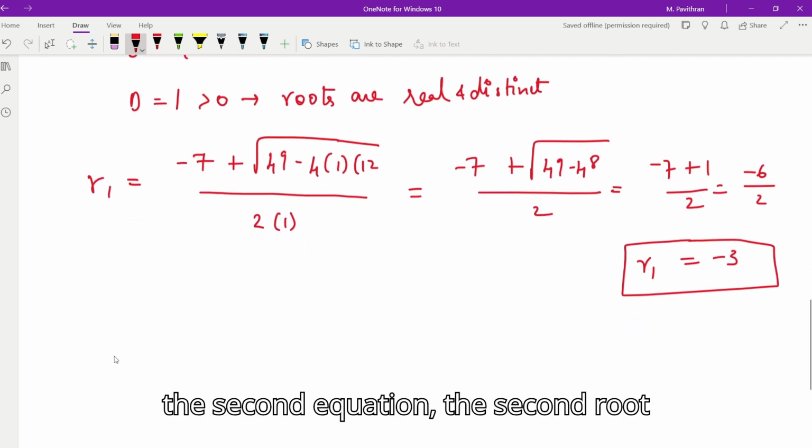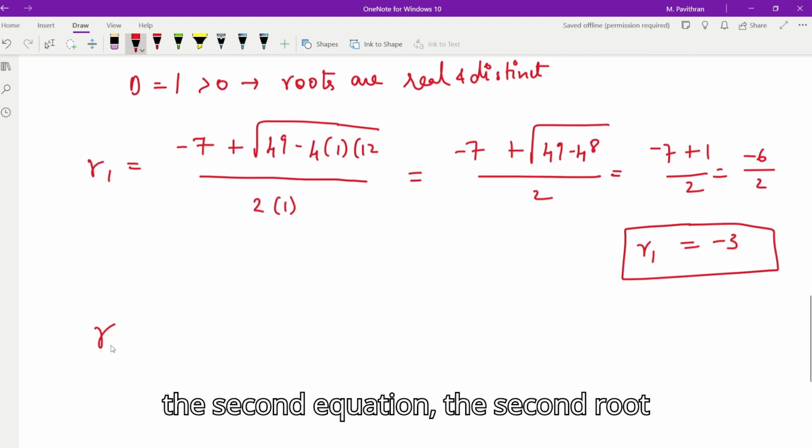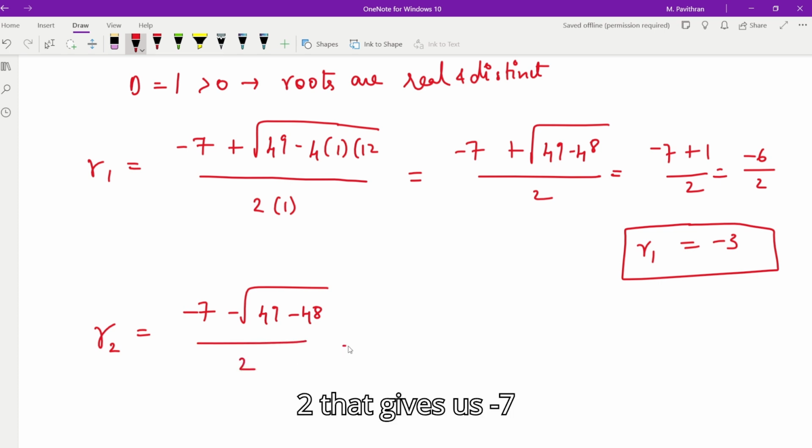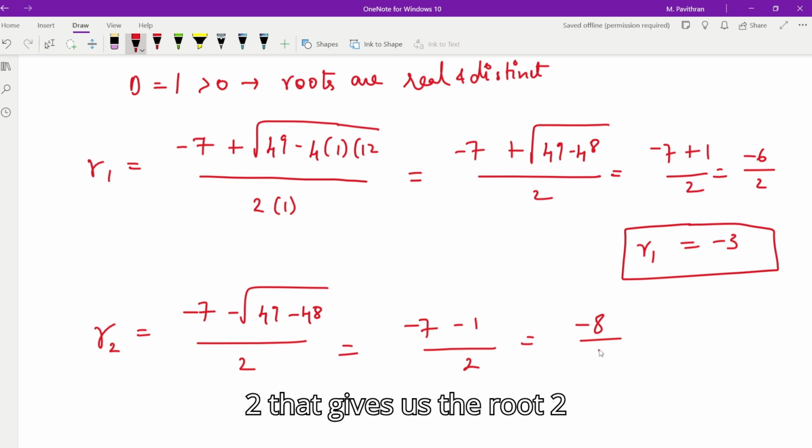Now let's find the second root, that is minus 7 minus root over 49 minus 48 divided by 2. That gives us minus 7 minus 1 divided by 2. That results in minus 8 divided by 2.